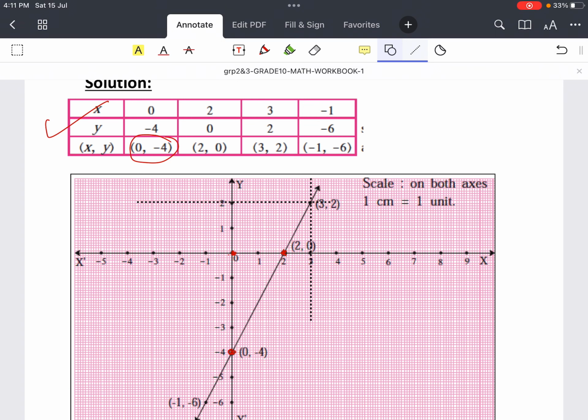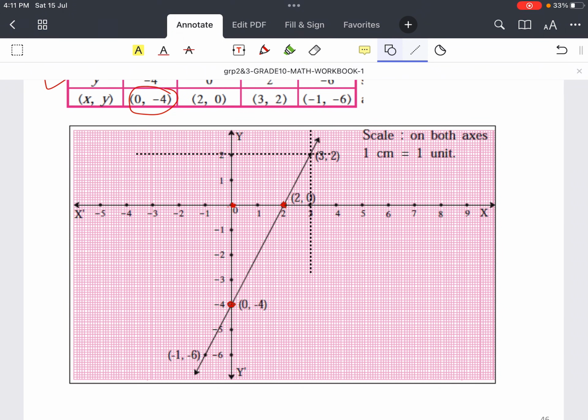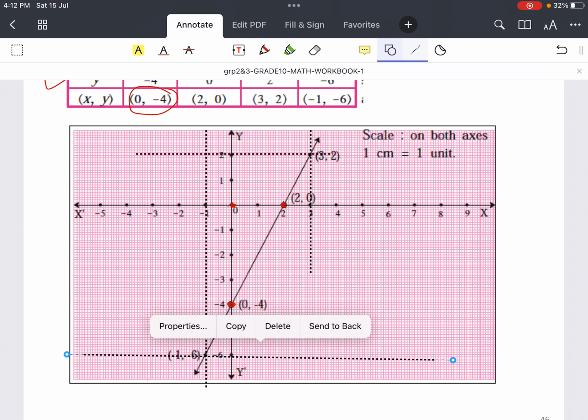Similarly, the last point is minus 1 and minus 6. Draw one line like this from minus 1, and now draw one line from minus 6. Clear?